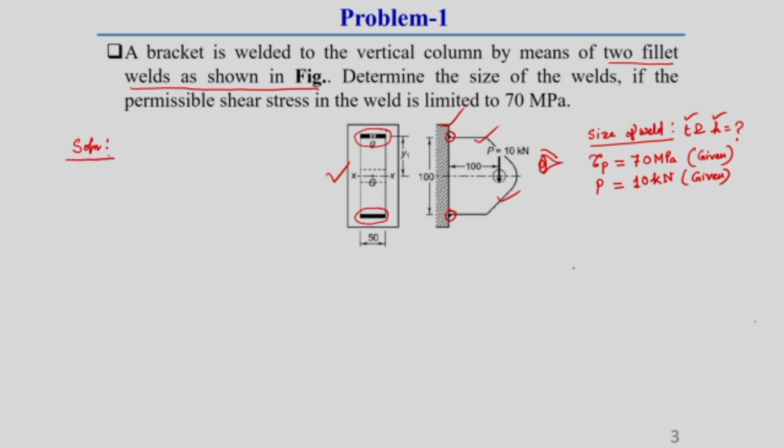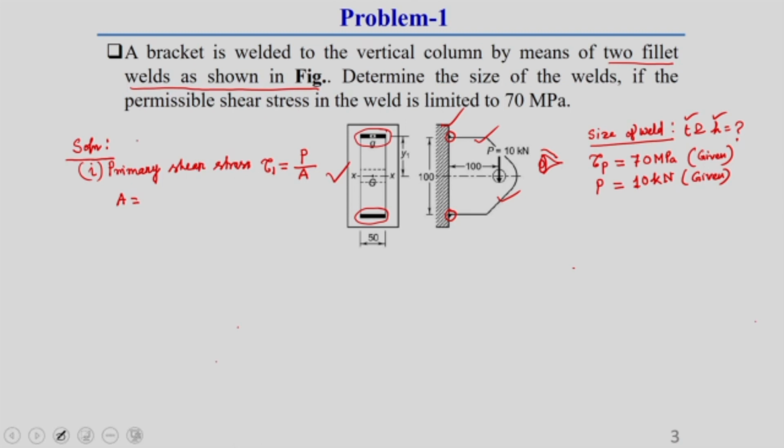The first step is to find the primary shear stress. Once we solve one problem, you will get the idea how to solve problems of this kind. The primary shear stress tau 1 is the load P divided by the total cross-section area of all welds.